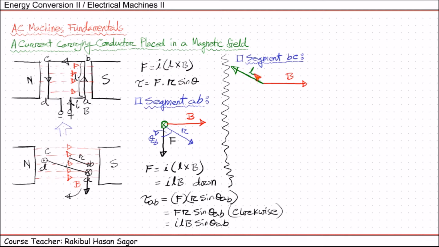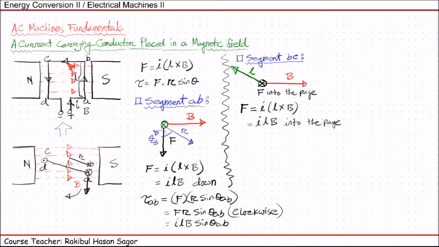This is L. Now L cross B, which gives the direction of the force, will be into the page. So the force will be into the page. We can write F here, and that is into the page. So F equal to I L cross B, where L and B both are vectors. So in magnitude I L B, and that is into the page, as we have written here.